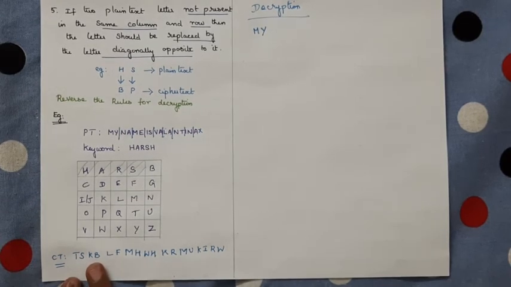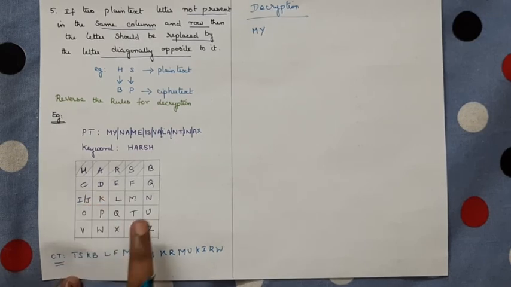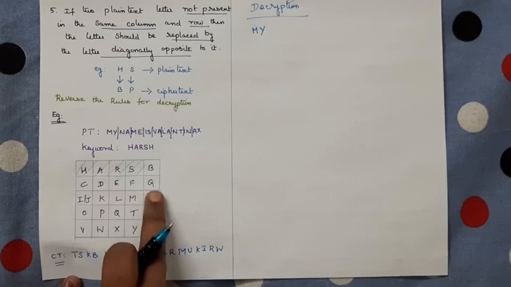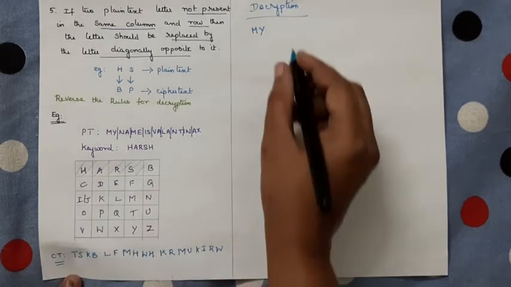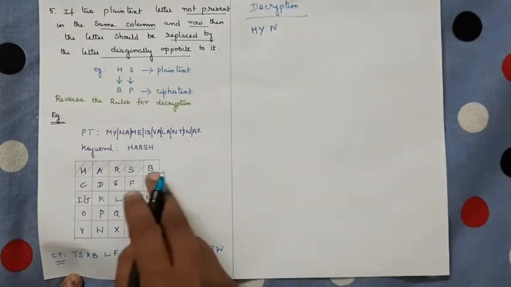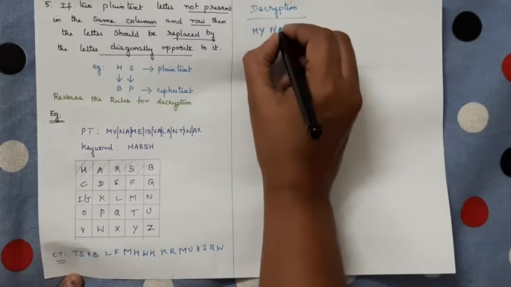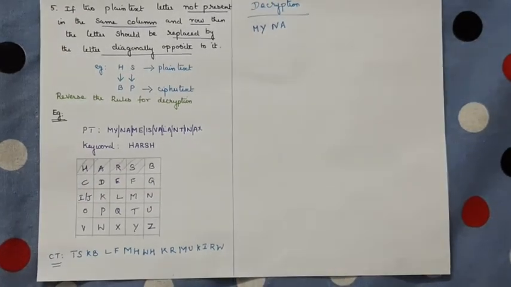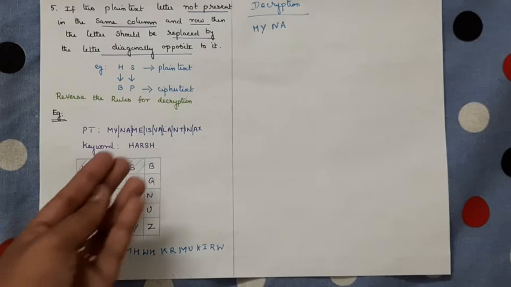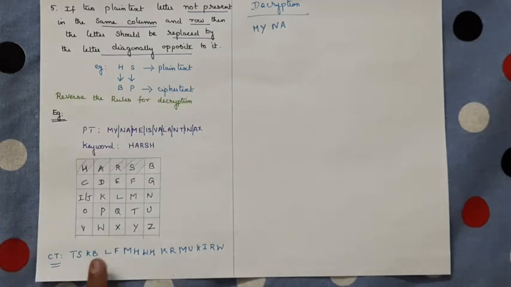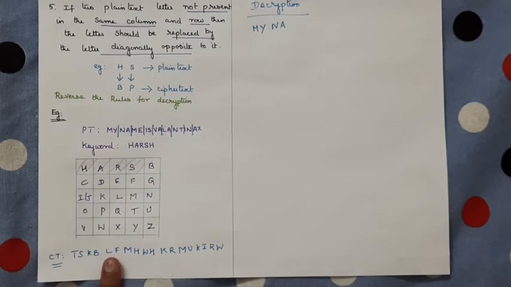Then I'm moving on to my second pair of ciphertext, that is KB. K is here and B is here. K's diagonal element is N, and B's diagonal element is A. So NA. I'm getting the next pair of plain text. Then I move on to the next pair of ciphertext, LF.